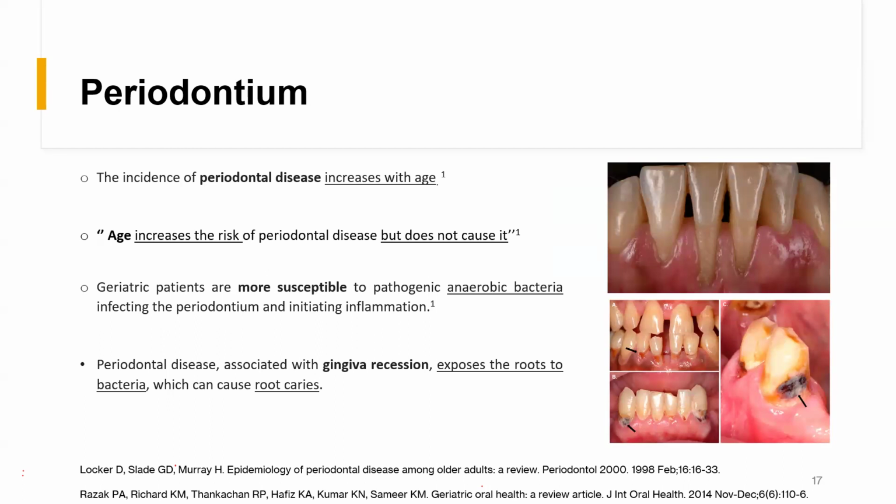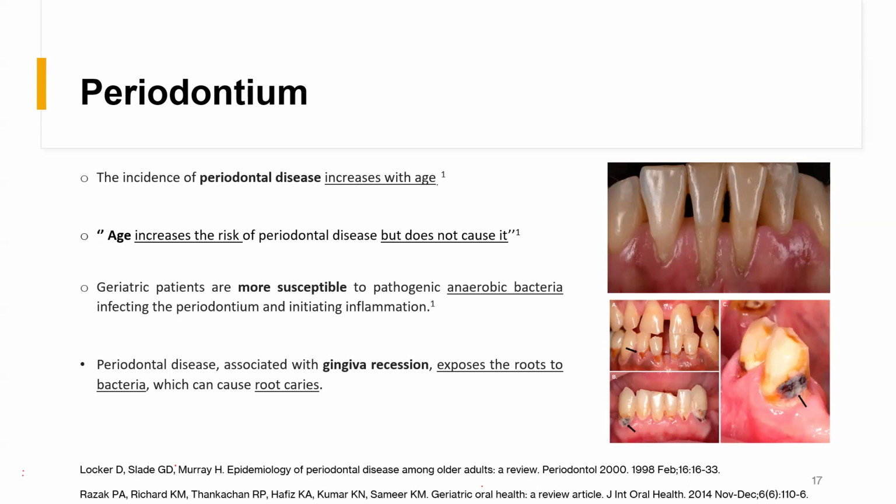For example, in diabetes, as we know, the patient will be more susceptible to periodontitis. Also, if the patient is taking a drug that causes xerostomia, this may reduce the plaque removal ability, and this will make the soft periodontium more susceptible to periodontitis or periodontal disease.